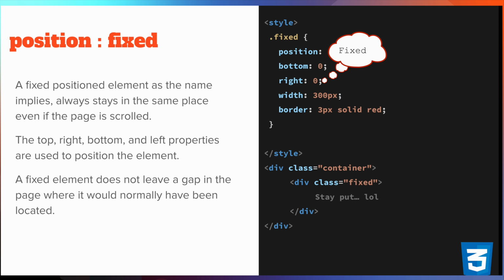Next one is fixed. As the name implies, it allows you to fix an element to any part of the screen that you want. With the help of the position property fixed, and top, right, bottom, left, you will see how these four properties come into play to create the effect that we want to display.